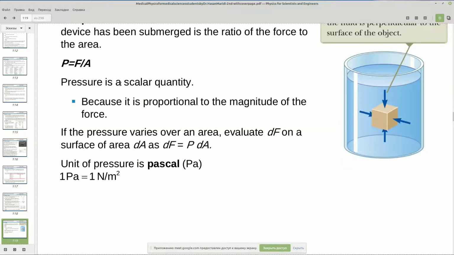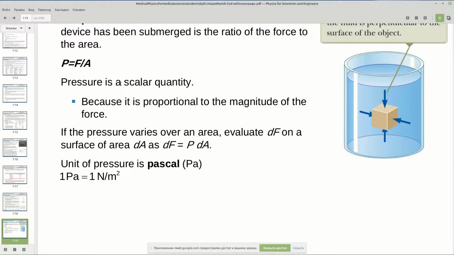Pressure is a scalar quantity. It has no direction, it's not a vector, because it is proportional to the magnitude of the force. If the pressure varies over an area, evaluate dF, the differential force on the surface of differential area dA, as dF equals P multiplied by dA.